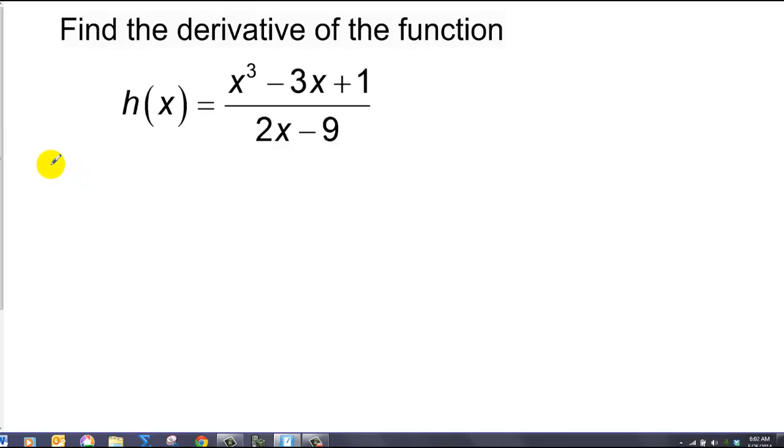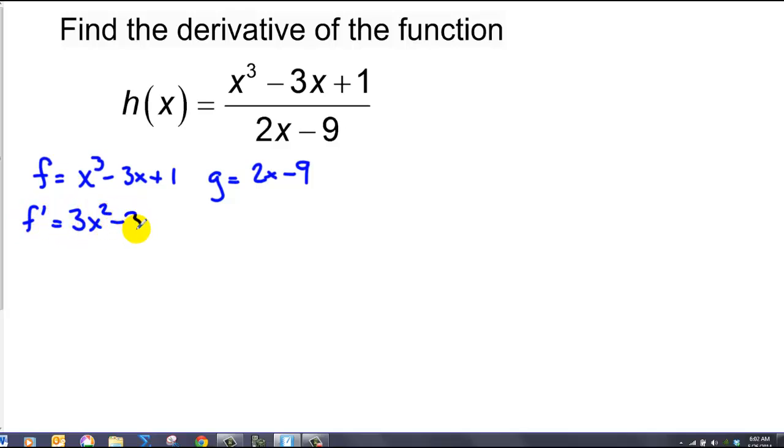In this case, we have an f value of x cubed minus 3x plus 1. Our g value is 2x minus 9. Take the derivative of both. F prime is 3x squared minus 3. G prime is 2.